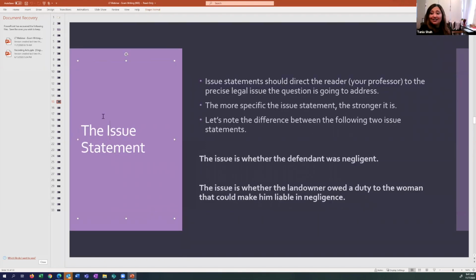Speaking of the issue statement, sorry, these things are very exciting to me. The issue statements should direct the reader to the precise legal issue the question is going to address. Now, some of you I know, and I know who your professors are, want their issue statements in a very particular way.